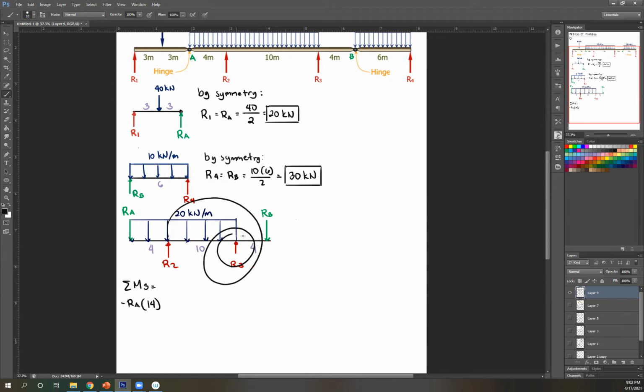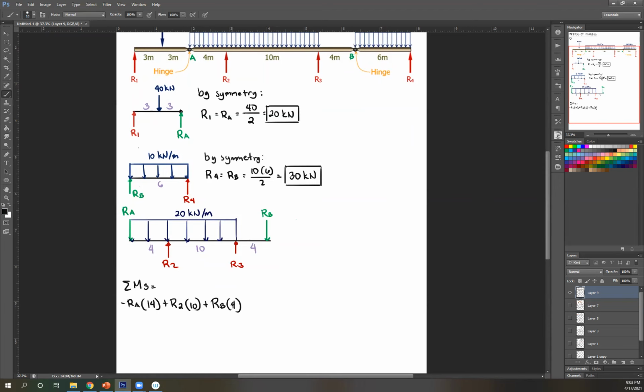Next, R2, rotate it about R3, that's clockwise, therefore positive R2, perpendicular distance 10. What else? R3 passes through 3, passes through the point, so ignoring that, so we're left with RB. Rotate that about 3, clockwise, therefore positive, perpendicular distance 4.